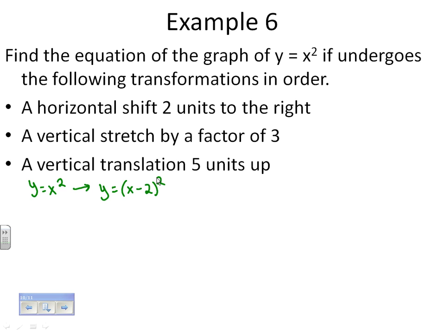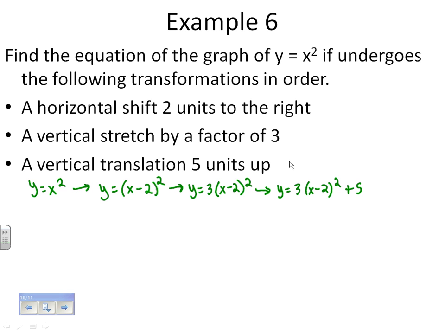Then I have the squared on the outside. Now I want to do a vertical stretch with a factor of 3, so that's going to go outside of my parentheses. Then last, I want to do a vertical translation of 5 units up. So I'm going to take what I've got and move it up 5 units, which is going to add a plus 5.